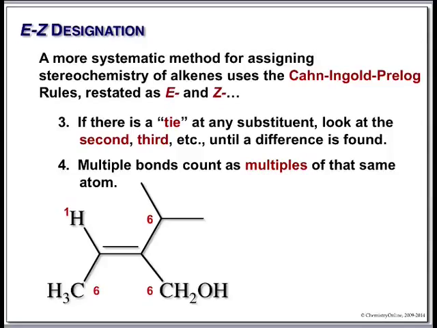So you look and say, okay, this carbon is attached to what? 2 hydrogens and an oxygen. This is attached to a hydrogen, which we don't show, and 2 carbons. So which is the highest priority group? Remember, atomic number is the first determinant. Oxygen is a higher atomic number than carbon. Therefore, this is Z stereochemistry. Same side.